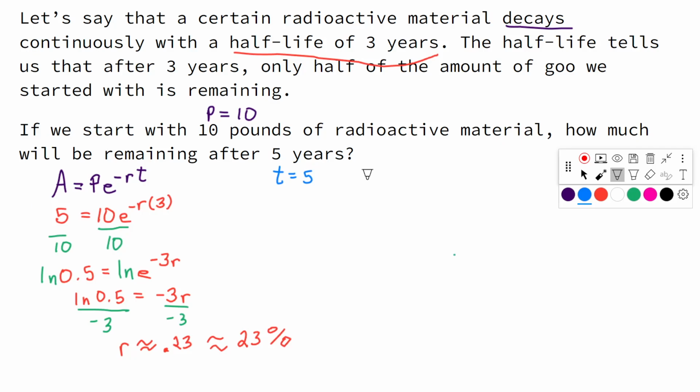So we're going to have how much will be remaining? We're looking for A equals, we know P is 10 times e to the negative 0.23, and t is 5, so negative 0.23 times 5. And then this we can enter in the calculator just as it is written.